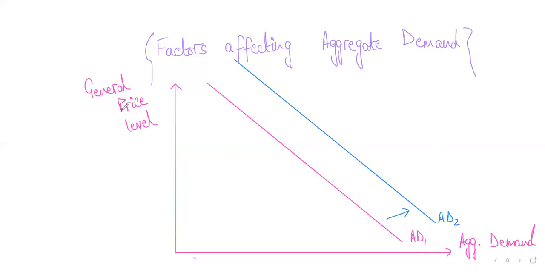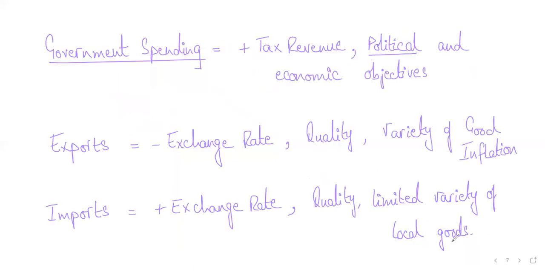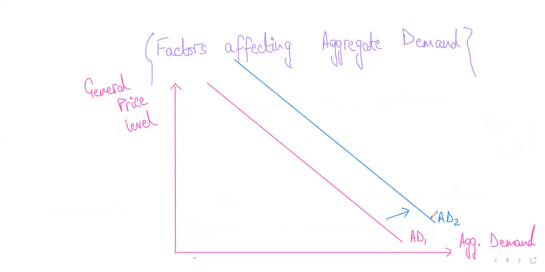I repeat: when the general price level changes, it will not be a shift; it will just be movement along the curve from point A to point B. But when any of the factors we just discussed change, your entire aggregate demand curve will shift either to the right or to the left.